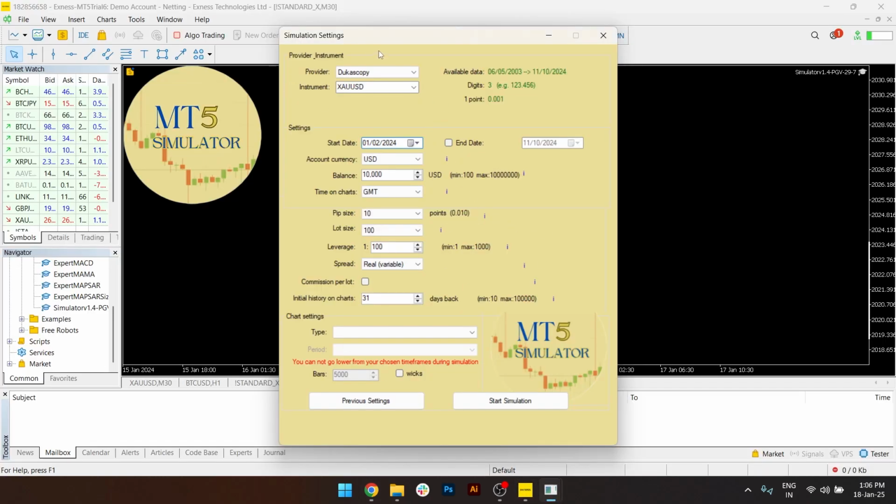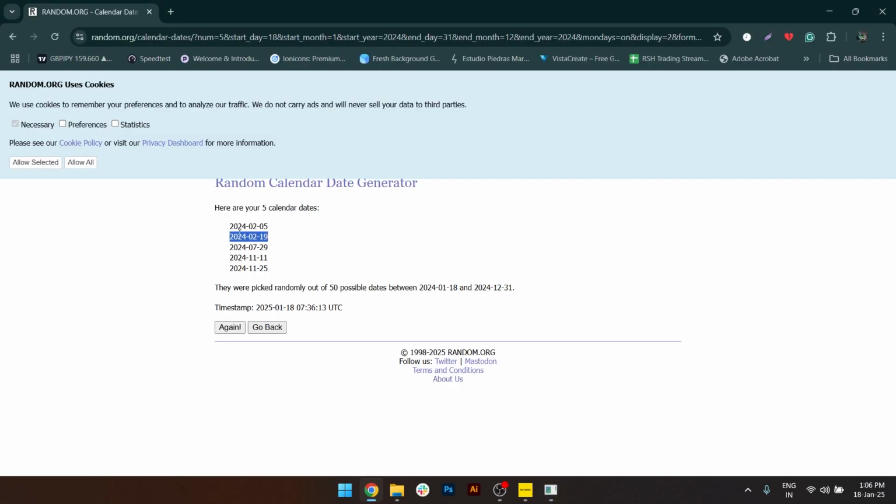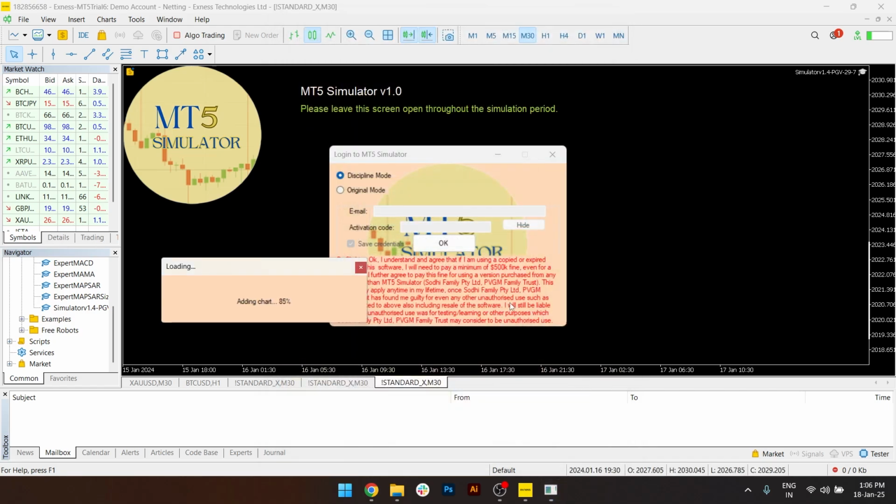Let's jump into our simulation settings, and we'll pick 19th of Feb. So this was the date that we picked. We'll do some basic setups, like a standard chart. The 15-minute time frame is pretty much standard for me, and we'll start the simulation.